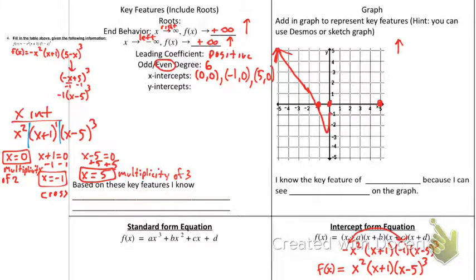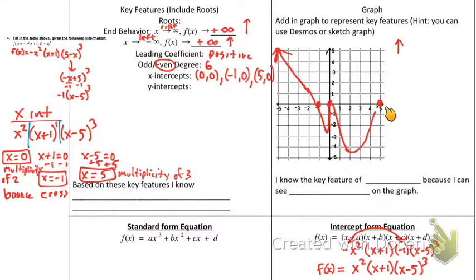At 0, we got x equals 0 from this guy. He has a multiplicity of 2, or his power is even. That means since it's an even power, we're going to bounce. Okay, so a bounce means we're going to not cross the dot. We're going to hit the dot and bounce off of it. So we're coming back down, and we got to cross back up.